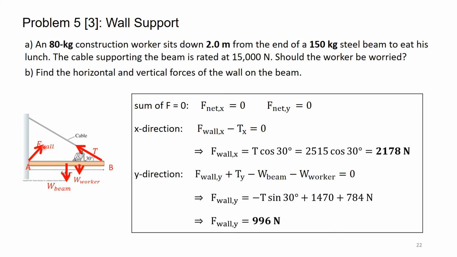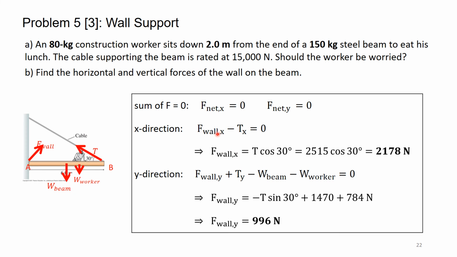The x component of the force of the wall is pointing to the right. So in the x direction, there are 2 forces, the x components of tension and force of the wall in opposite direction. So this is what we write down for the net force in the x direction: F wall x minus Tx, and that should be equal to 0 because we know the net force should be equal to 0.